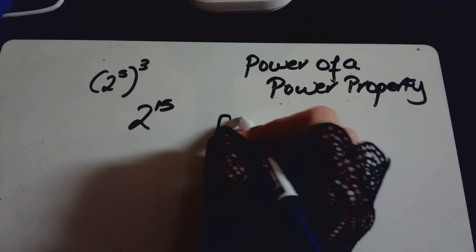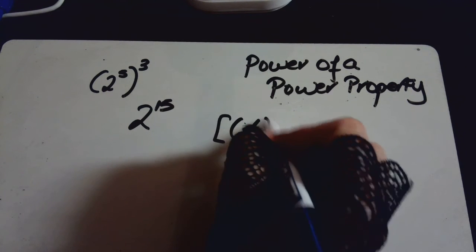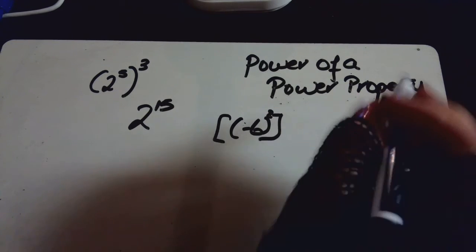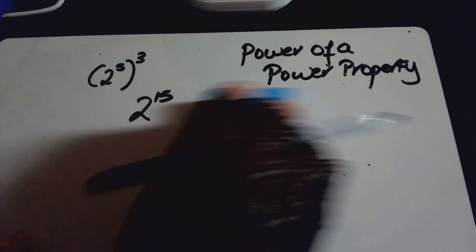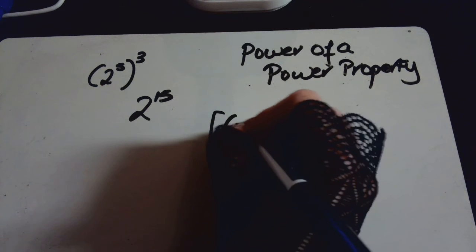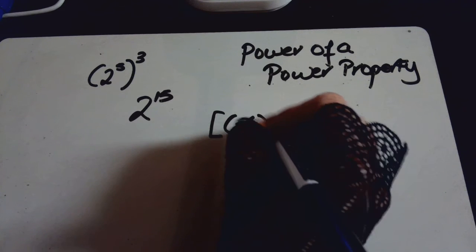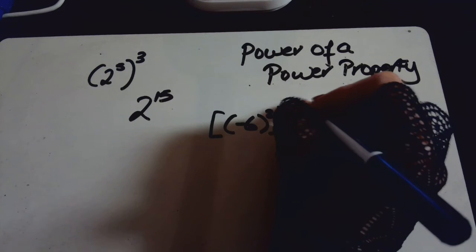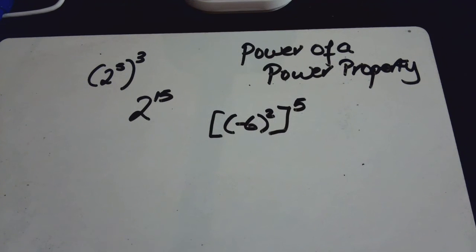So here, parentheses, -6. Actually, let me write this a little clearer. I've got a base of -6 raised to the 2nd power, and then the whole thing is raised to the 5th power.